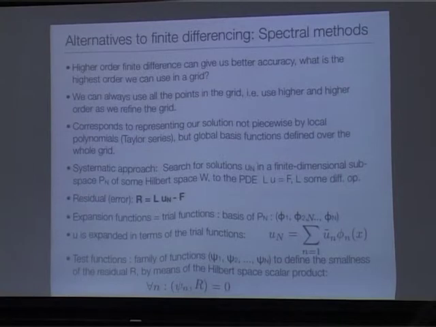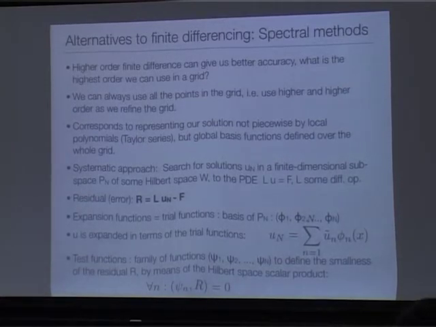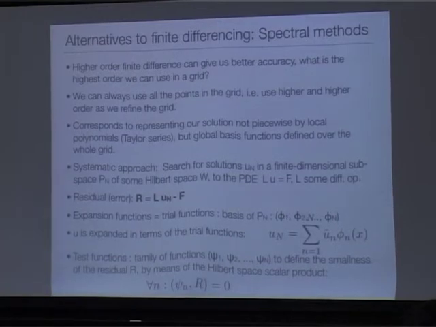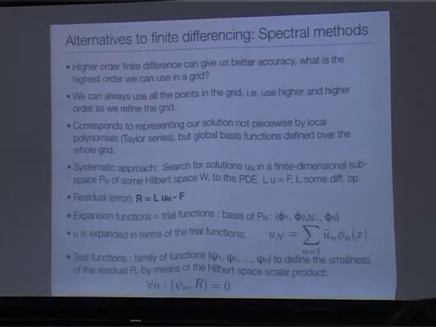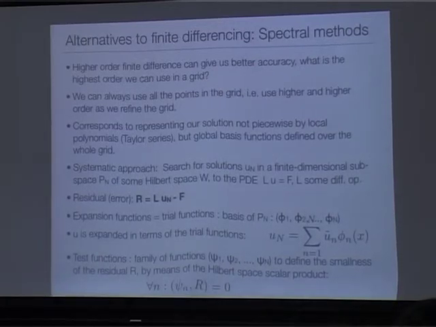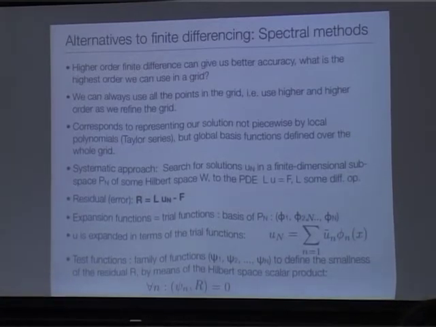One question you can ask is if higher order finite differences, second order, fourth order, and so on, give us better accuracy, what's the highest order we can use in a grid? Well, the highest order is that you just use all the grid points in your finite difference stencils. And if you make your delta x smaller, then you have more points, and you use an even higher order.